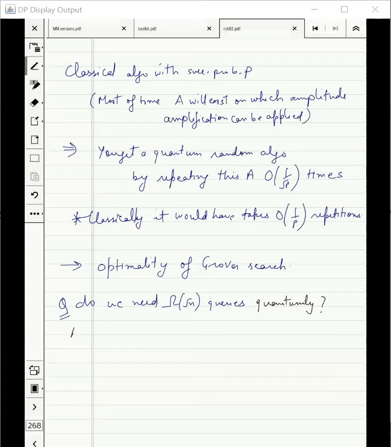The answer is going to be yes. We will prove it next week. It will take us on a new adventure. We will learn a new field called quantum query complexity.